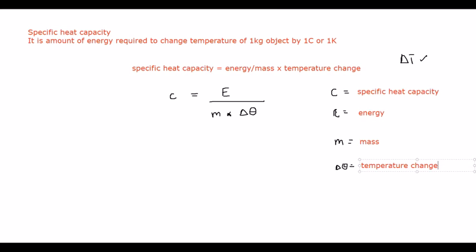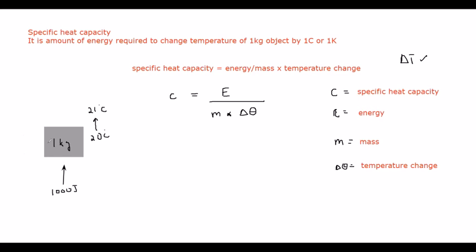I'll give an example of how you'll use this formula to get the specific heat capacity. You have an object, the mass of the object is 1 kilogram. You supply 1000 joules so that its temperature changes from 20 degrees centigrade to 21 degrees centigrade.